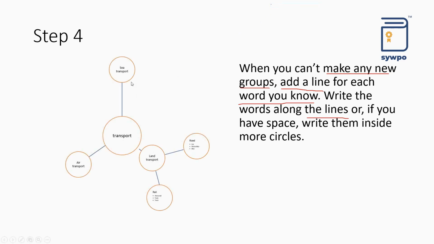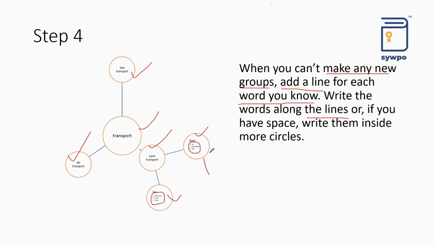So what we did is we drew transport first, then sea transport, land transport, air transport, and then I wrote road and rail. Now these small ideas you see here, car, motorbike and bike, they are road transport, and the ones that move on rail are monorail, train and tram.